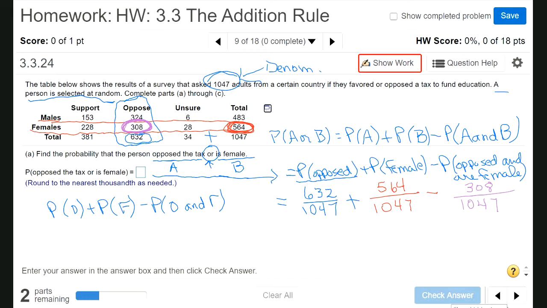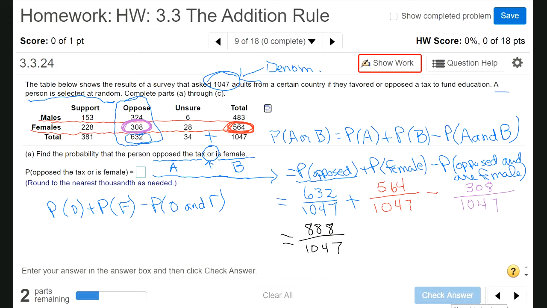Now, this gives me, I'm going to use my calculator for this. I'm going to set this down so I don't fall this time. This will be an interesting recording for people with me talking about falling. 632 plus 564 minus 308, and that gave me 888 out of 1,047.